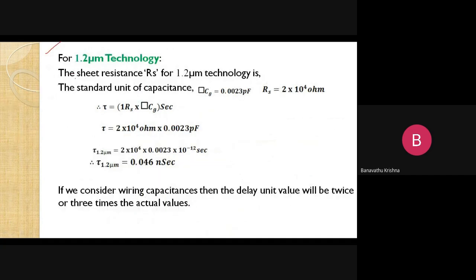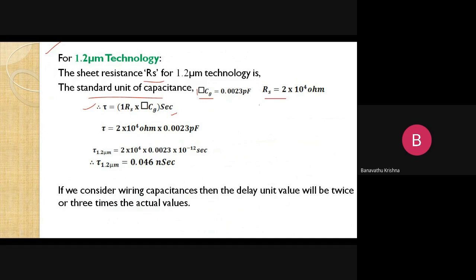And one more technology, the 1.2 micrometer technology. For this technology the sheet resistance value is 2 into 10 to the power of 4 ohms, and the standard unit of gate capacitance, square Cg, is 0.0023 picofarads. We know that tau equals Rs into square Cg in seconds.